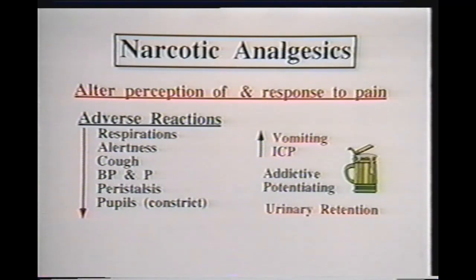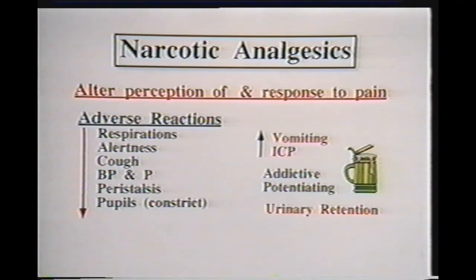We may also see a decrease in alertness levels, so they could ask you questions about safety things, side rails, for instance. You've got to monitor vital signs because blood pressure and pulse will be decreased. It also suppresses cough reflex, slows peristalsis. That may indeed cause vomiting. We don't give narcotics to patients with head injuries because it can raise intracranial pressure. They can also cause urinary retention.